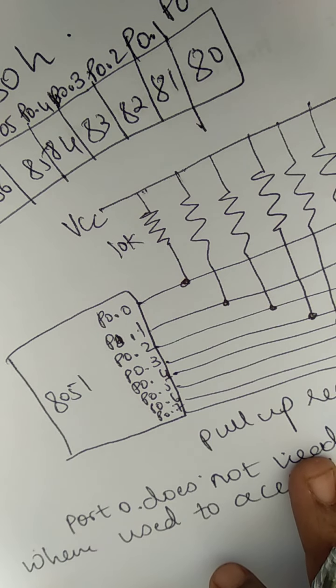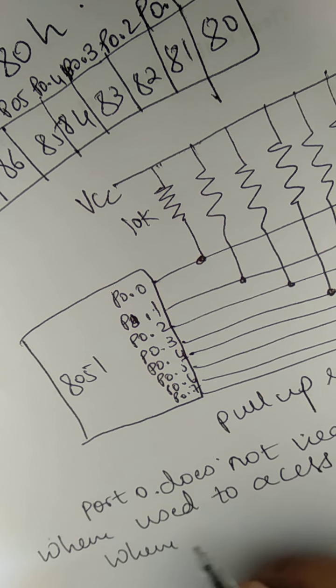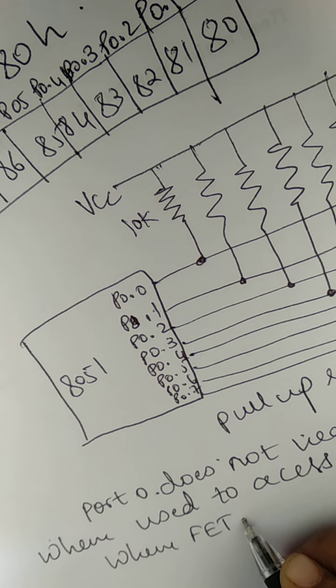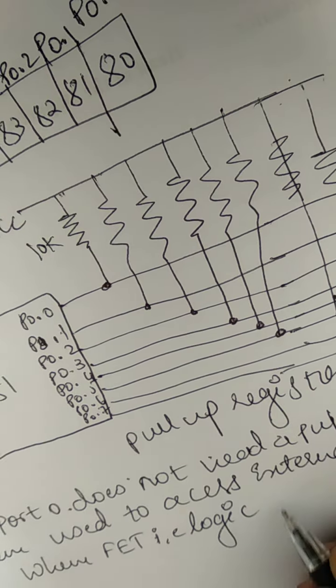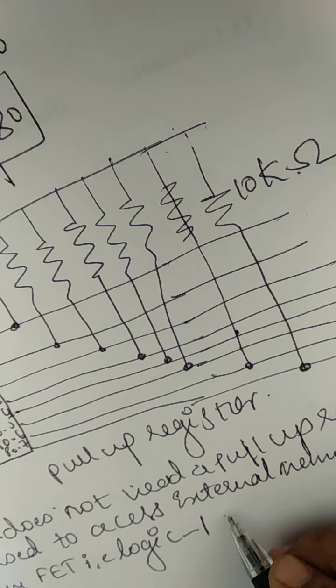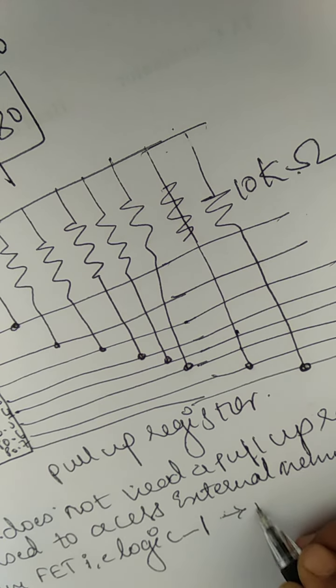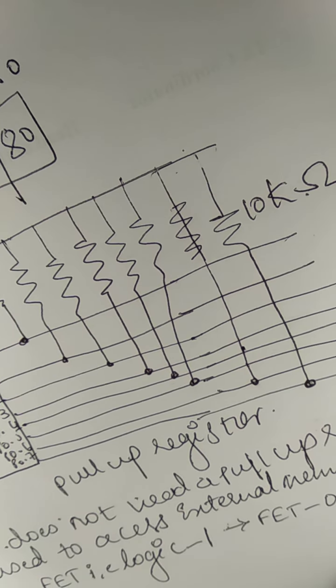When the logic is 1, the address bit will turn the upper FET on, which shows the FET is on.